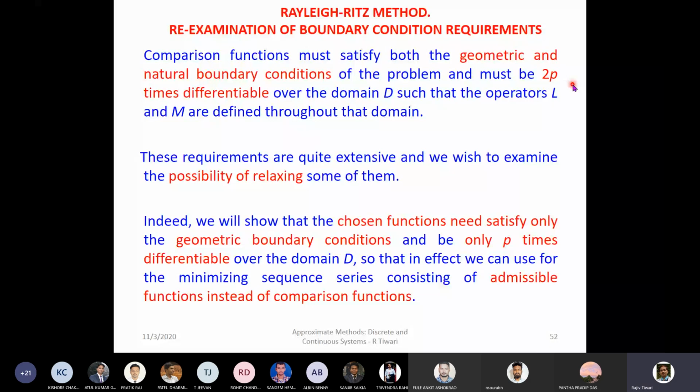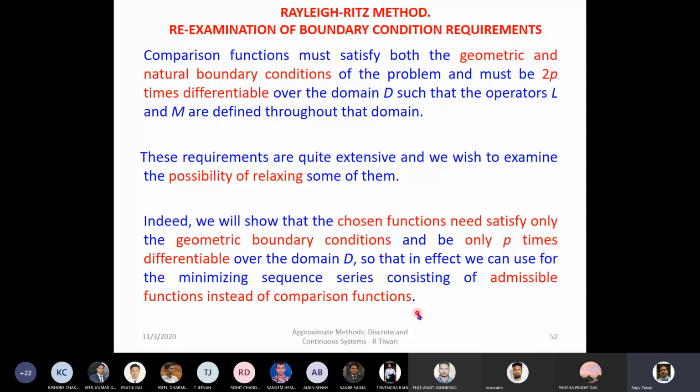Now we'll see whether we can relax this condition and satisfy only the geometrical boundary condition, with the function differentiable up to P times. That is, we'll be choosing the admissible function instead of the comparison function.